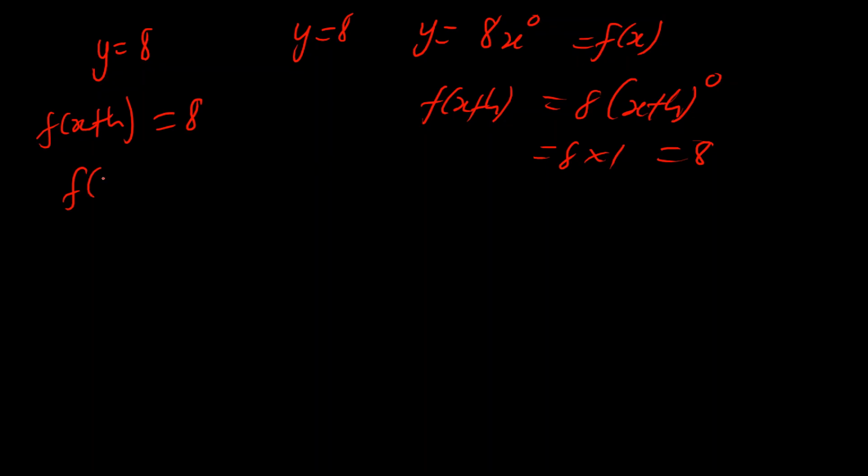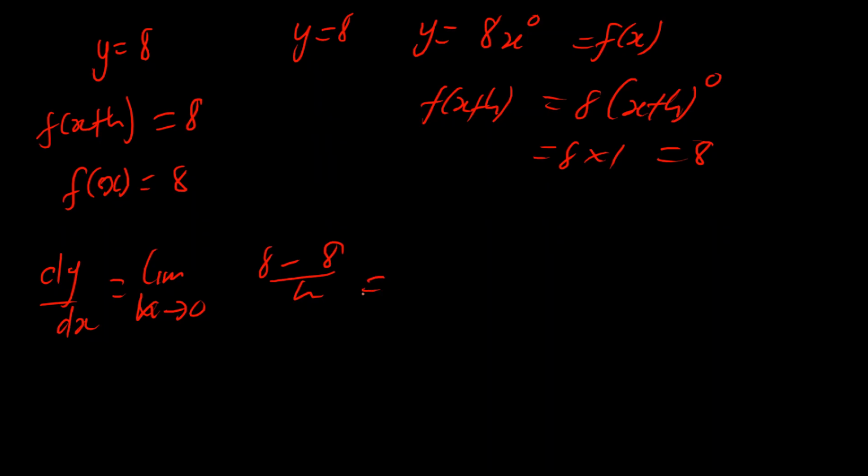Now we know f of x to be equal to 8. So now we can go ahead and calculate dy/dx, which equals the limit as h approaches 0 of the function f of x plus h, which is 8, minus f of x, which is 8, all over h.